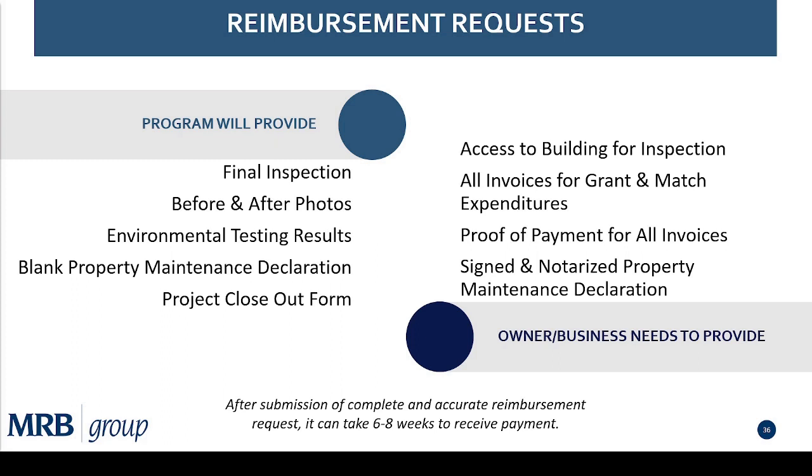But yeah, so it takes a little while to get the funding once you finish the project. One thing to keep in mind is they can do an interim, like phased payment. So if you can break your project down into distinct phases, they will do a midpoint payment for you to help fund the second part of the project.